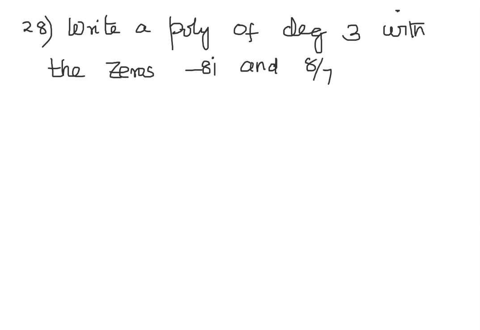So we know that if negative 8i is a 0, by conjugate theorem, 8i is also a 0.